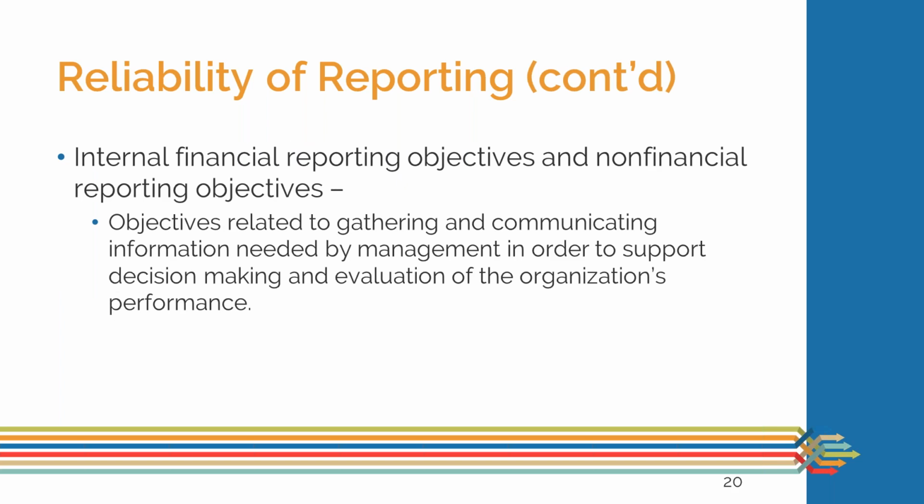Reliability within reporting internally would be to see if you're gathering the information correctly and that it supports the decision that your organization has made in the performance of your operation. This component could be split between two things.